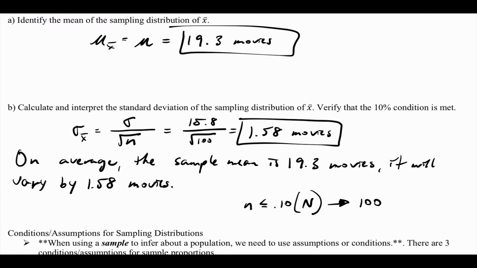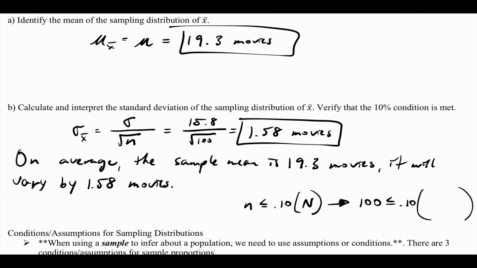N is 100, less than or equal to 10% of big N. If you have a number, throw it in there. If you don't have a number, just explain who the population is. So little n is the sample of 100. Big N, where did that sample of 100 come from?